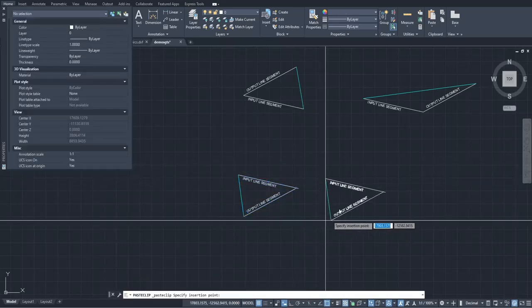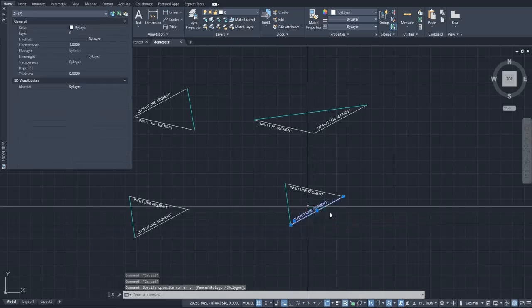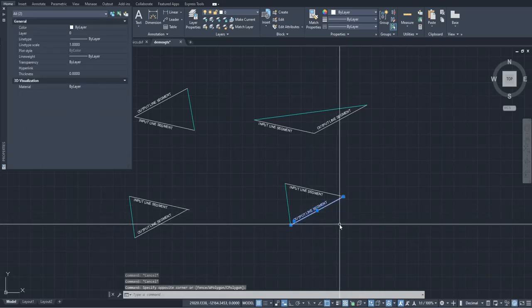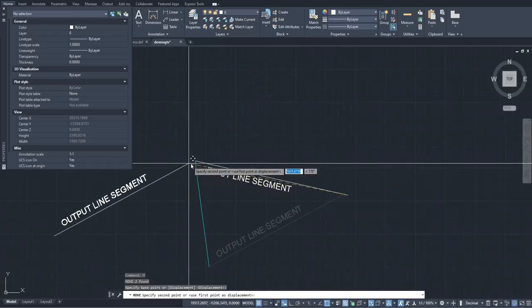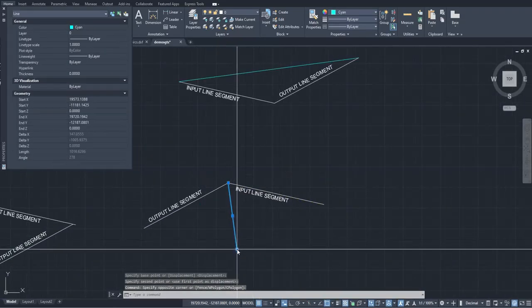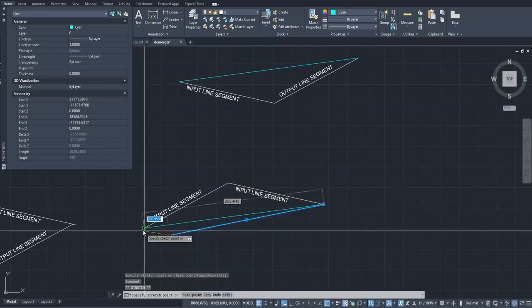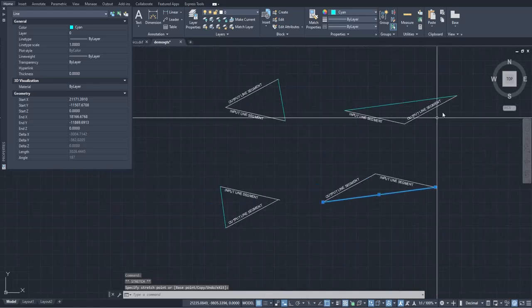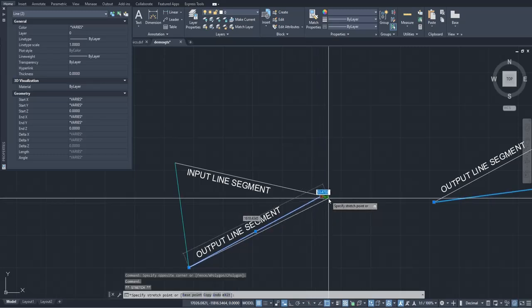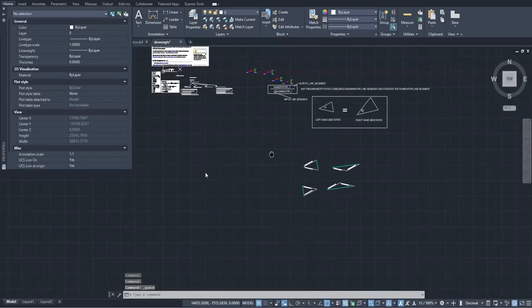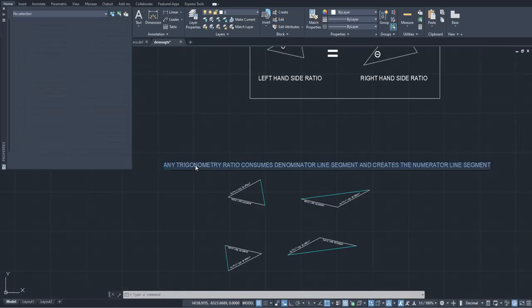We can think that due to the division, this output line segment is aligned like this here, and the third complement line segment is constructed like this. So we can see that while doing the division, we can get 4 different kinds of triangles due to the different orientations.